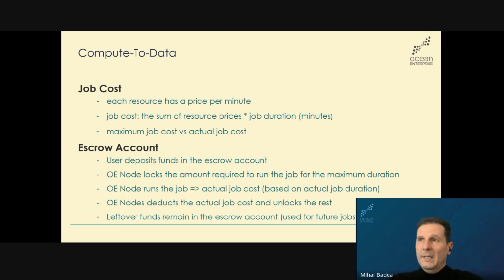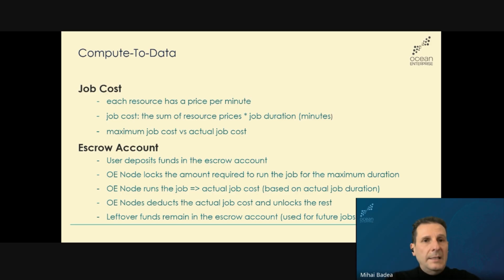What does it mean? Basically, when a consumer starts a job, they also specify the maximum job duration allocated to that particular job. What happens if the job takes longer than the maximum job duration?